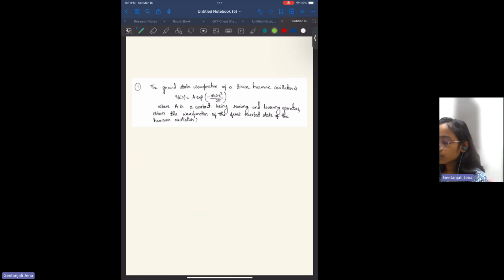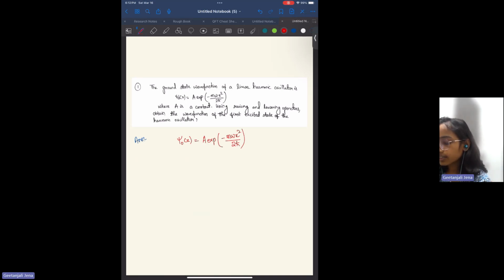So the first problem, let us see the first problem. It tells that the ground state wave function of a linear harmonic oscillator is given by this. The ground state wave function is A exponential of minus m omega x square by 2 h cut, where A is a constant.